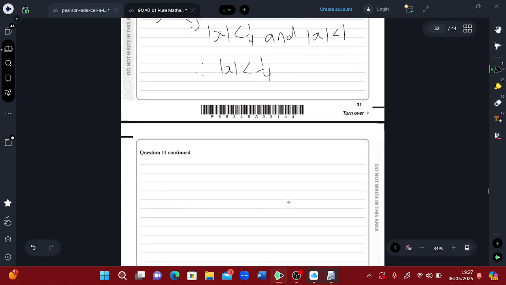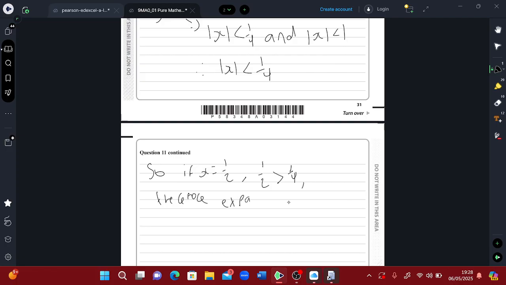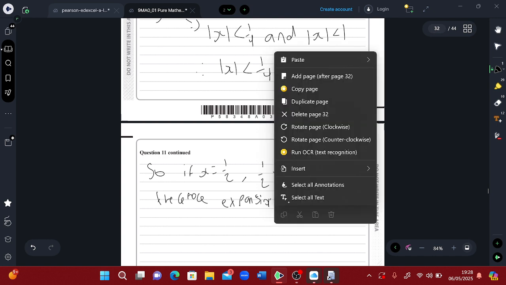However, if x equals a half, sorry, I'm chatting waffle. Well, a half is greater than a quarter. Therefore, the expansion will be invalid.